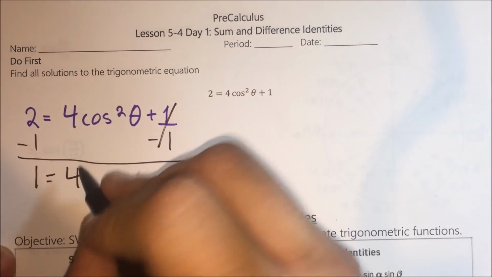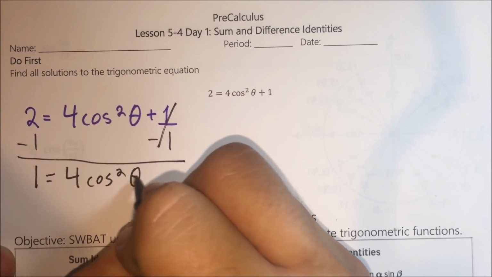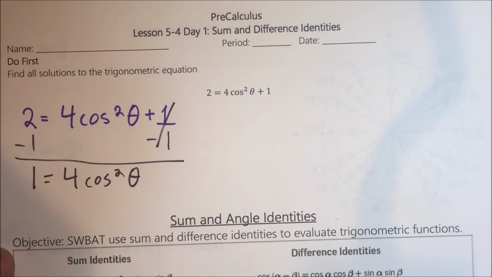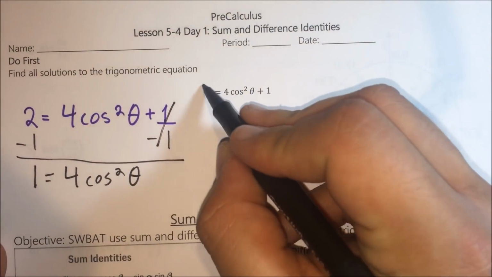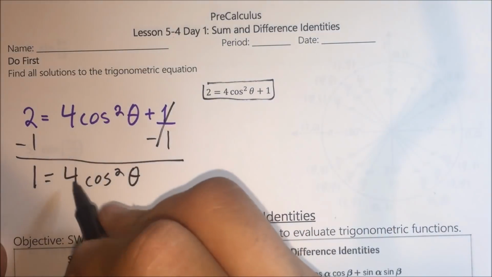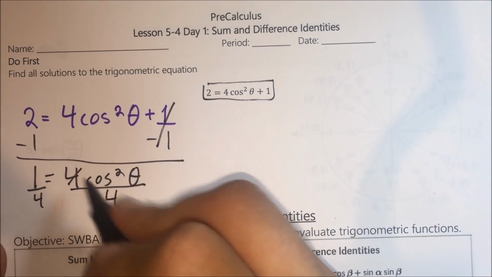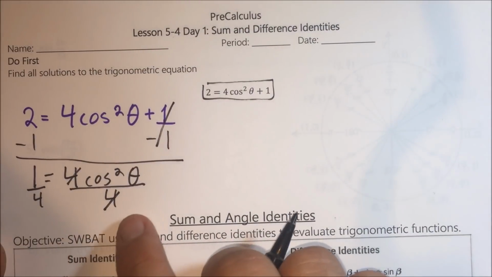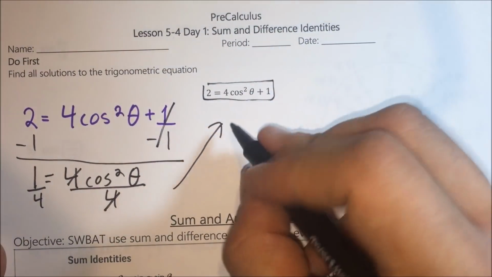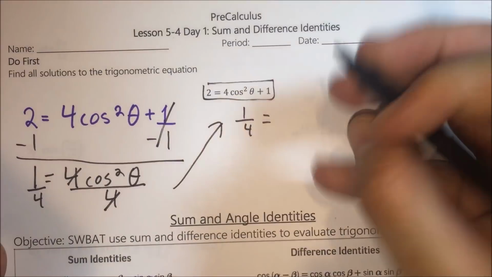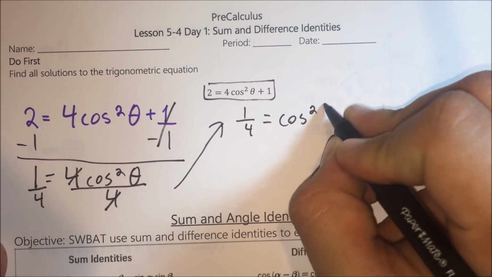That's going to give us 4 cosine squared theta. Then we are going to want to divide by 4 on both sides. The 4s cancel, so we end up getting that 1/4 is equal to cosine squared of theta.